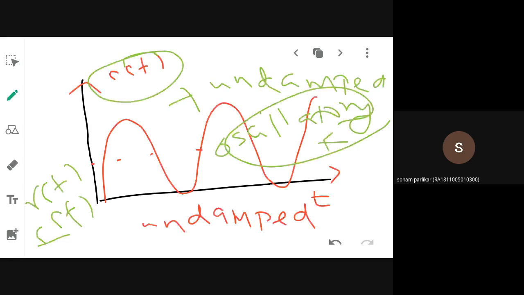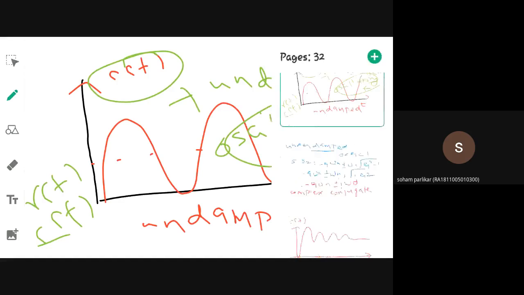What is the first case you have seen now? When zeta is equal to 0, the system is called undamped. What will be the nature of the roots in that case? Purely imaginary. And what is the nature of the response as shown in the graph? Oscillatory. Okay, next case we'll move on.